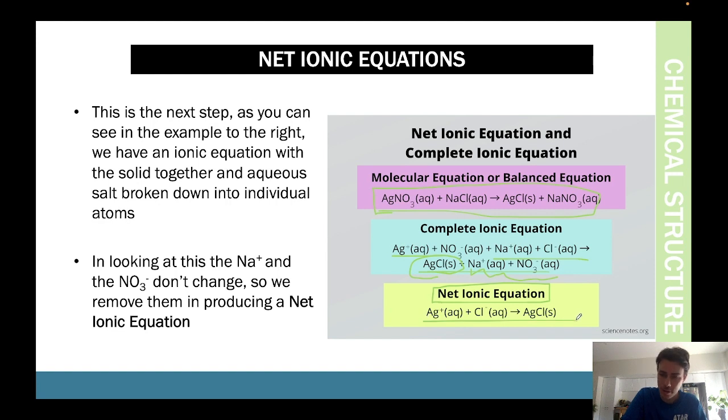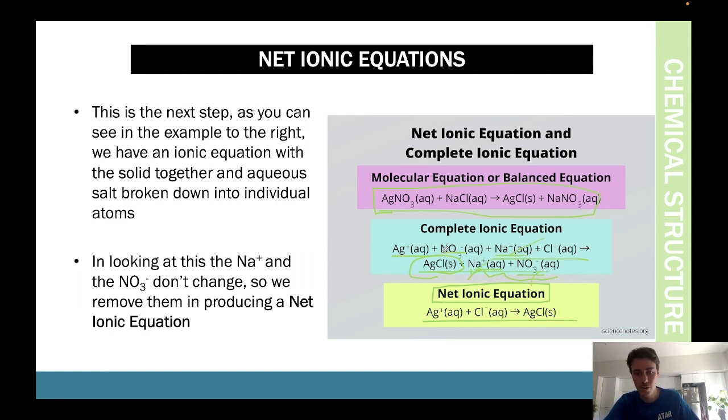This is what your ionic equation is. It's what has changed. You only put in the equation what has changed from one side to the other. So what has changed? This NO3 negative and this NO3 negative have not changed. This Na plus and this Na plus have not changed. They're the exact same. So get rid of them.